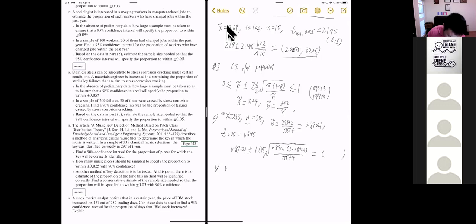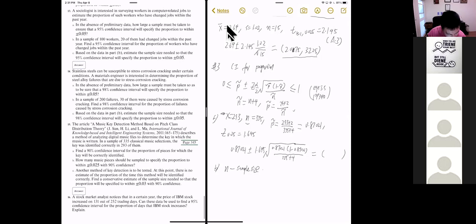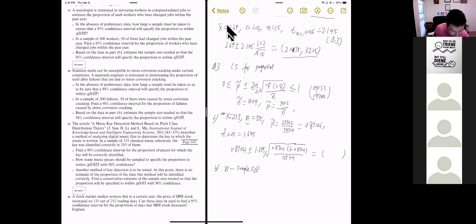So let's define N as the sample size. Then the number N needs to satisfy the equation, within plus minus 0.025 with 90% confidence.